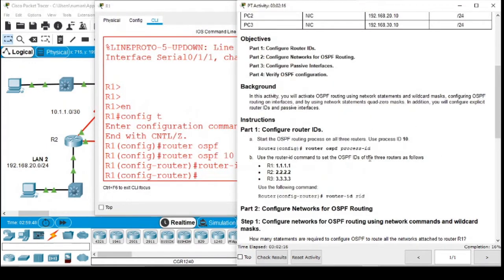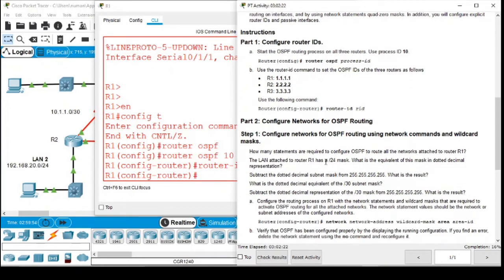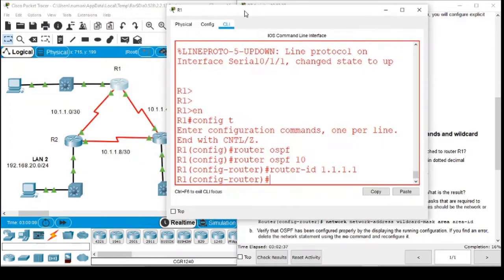We configured the process ID, then we configured the router IDs by using the command. Now come to part 2, in which we enable the networks for OSPF routing. How many statements are required to configure OSPF routes to all the networks attached to router 1? Remember one point: first, on router 1, check how many directly connected interfaces it has.